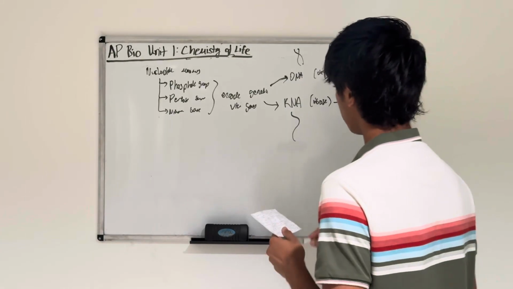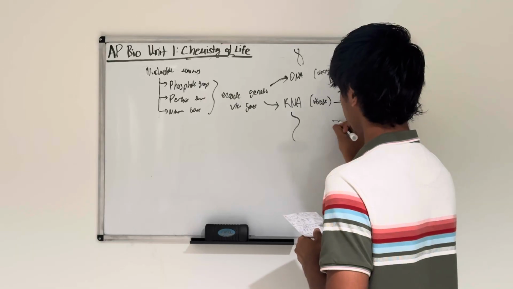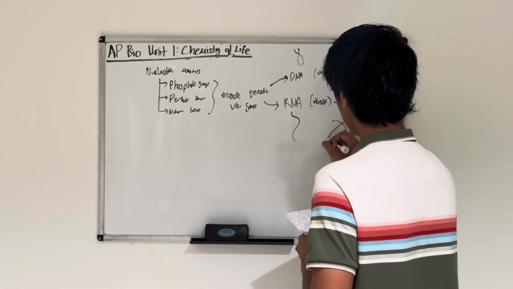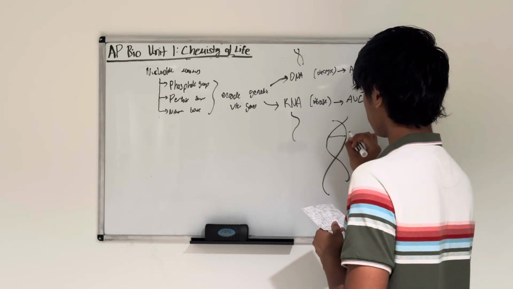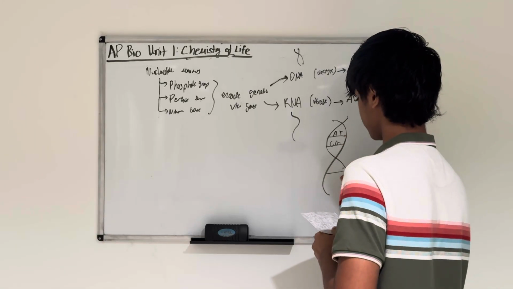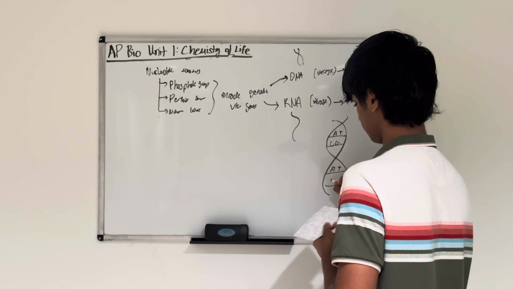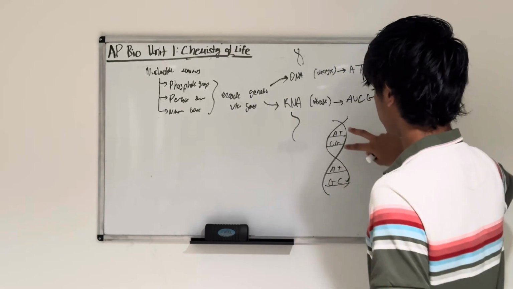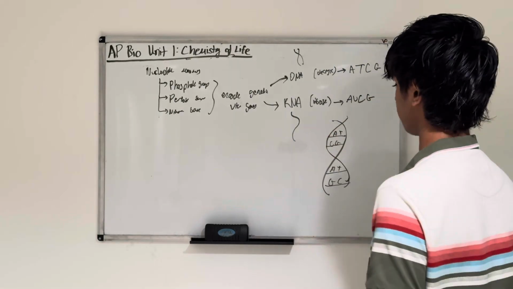If we have a DNA strand, the linkages in between are between A and T, C and G. These connections and their order are what actually encode genetic info.